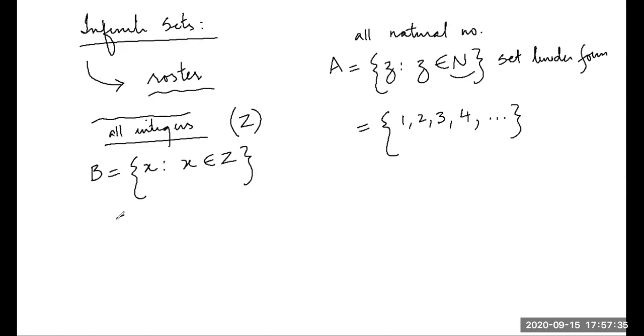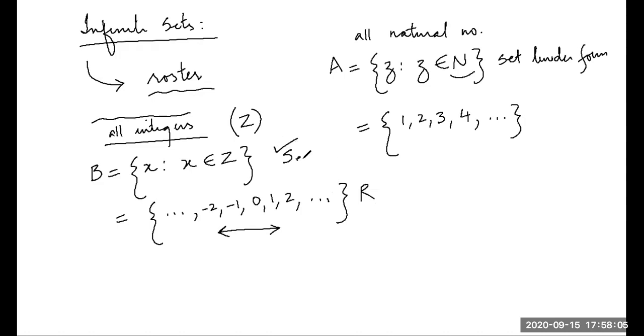In roster form, I can express it with 3 dots, then minus 2, minus 1, 0, 1, 2, and 3 dots, close the braces. You have expressed an infinite set in set builder as well as in roster form.